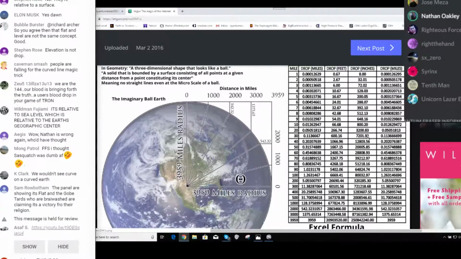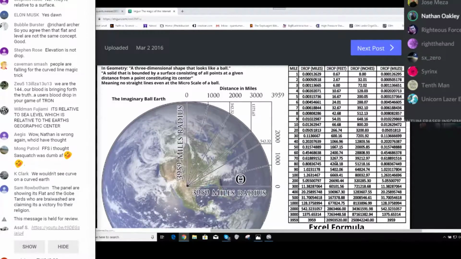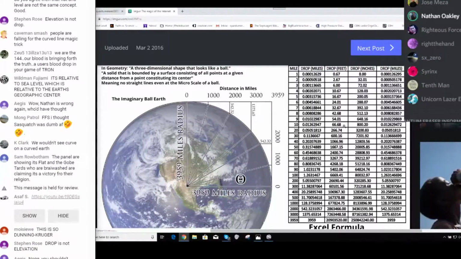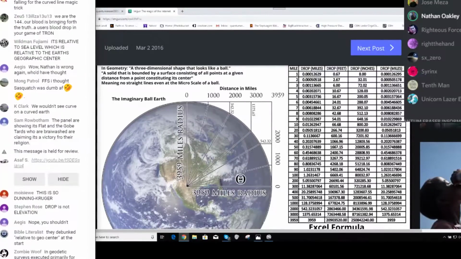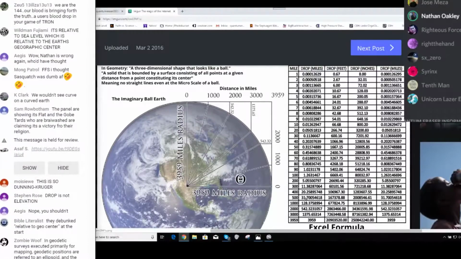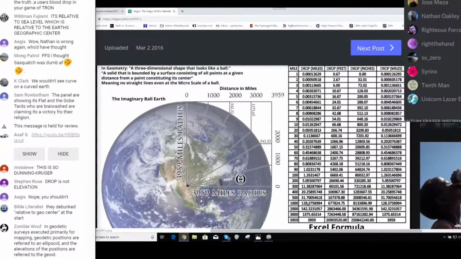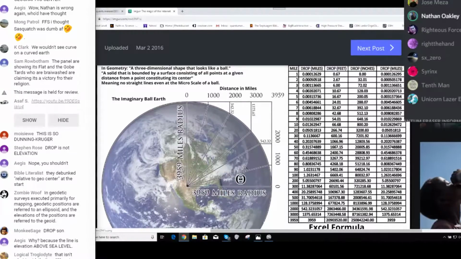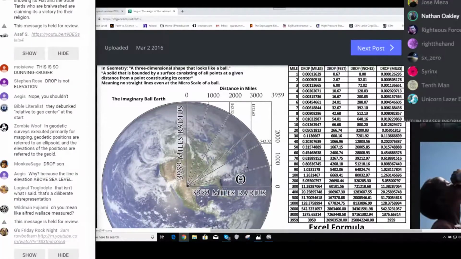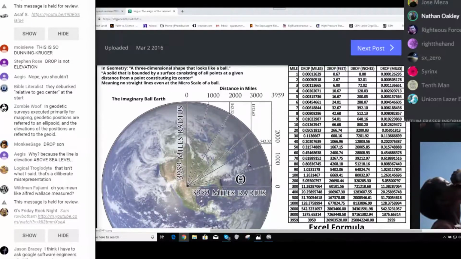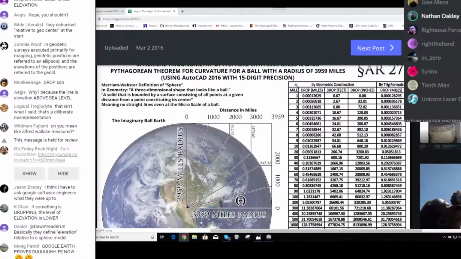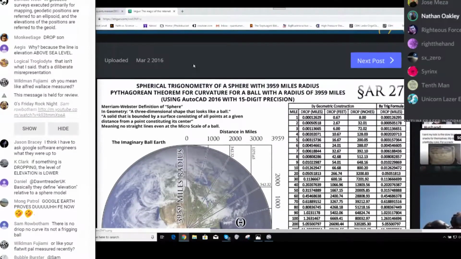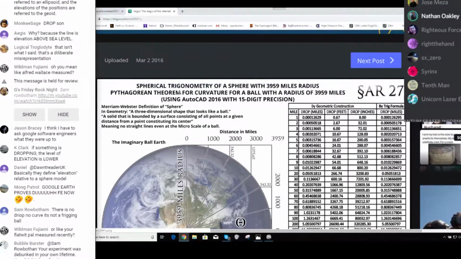So do you concede, Dawn, that not only should you see drop, here are the exact measurements for how much there should be? Do you understand that there should be drop? Given that there is a mathematical table of how much drop there should be on screen, do you concede that there definitely should be drop on your sphere?